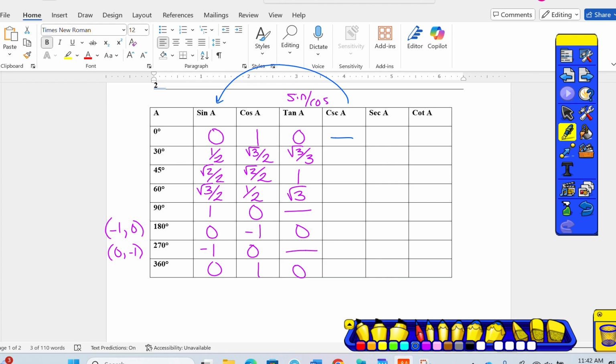The reciprocal of 1, if I flip it, is still 1. Undefined. Cosecant of 30, if I flip 1/2, we get 2. If I flip √3 over 2, I get 2 over √3, which is 2√3 over 3. And cotangent, if I flip √3 over 3, that is just √3.